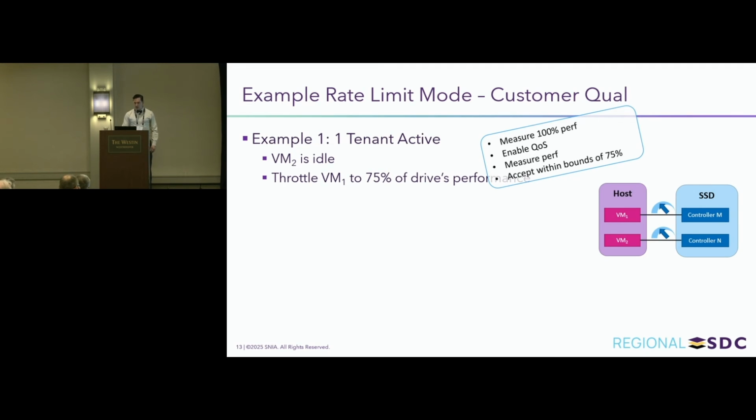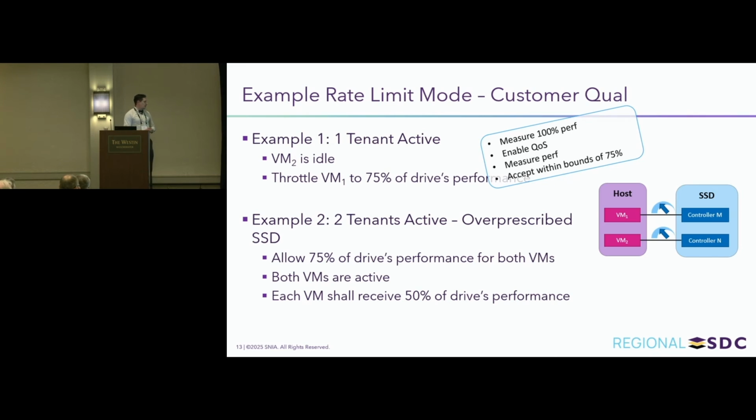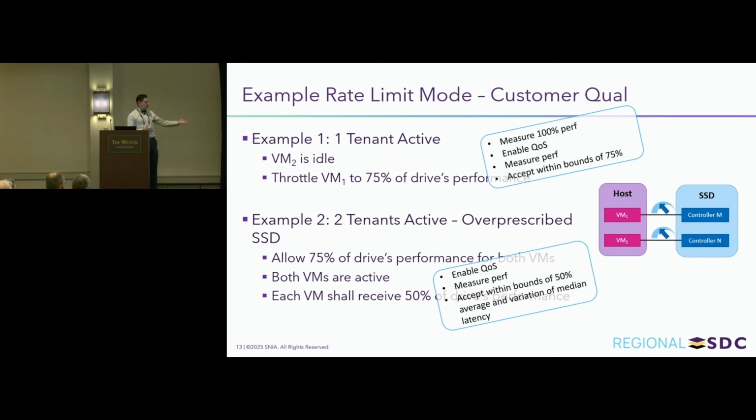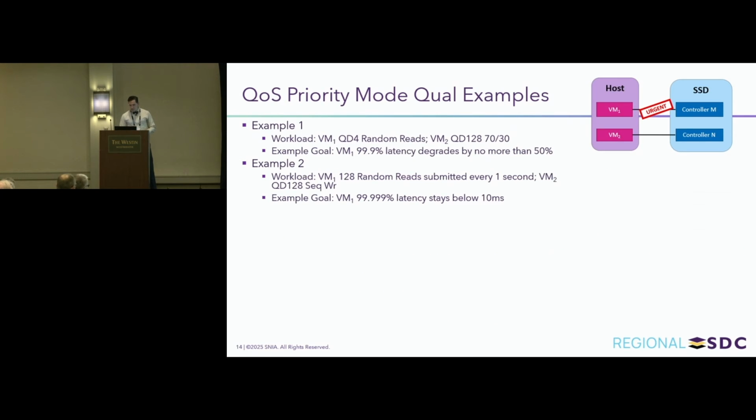Are we within those bounds of acceptability? Similarly, when we're overprescribed, we would enable the QoS settings and measure the performance and look for within boundaries of 50%. Are we sharing the drive well? Is that stable and smooth? Is it 50% on average only if you go for a 10-minute average? If you go for a 10-second average, it's all over the place.